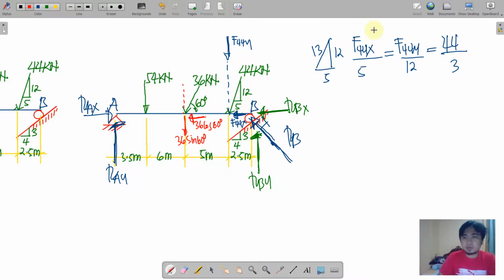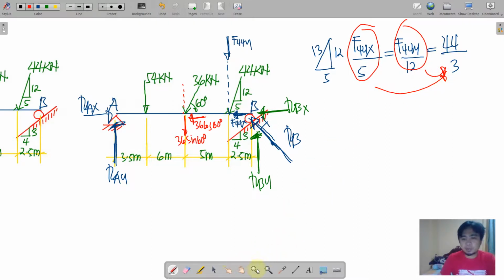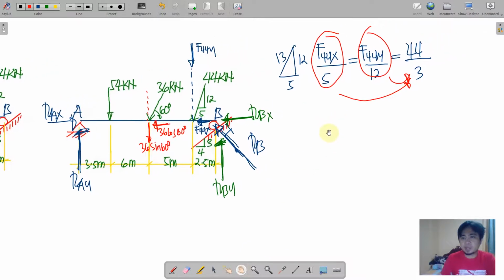Both of these unknown variables will be connected to this side wherein we have a complete given.